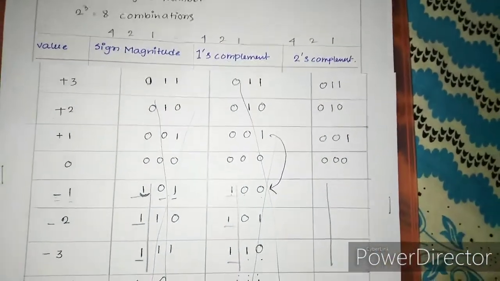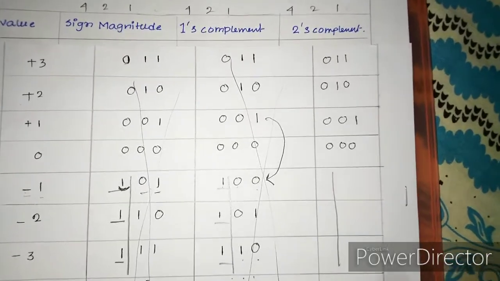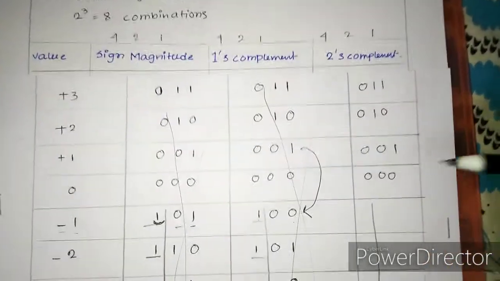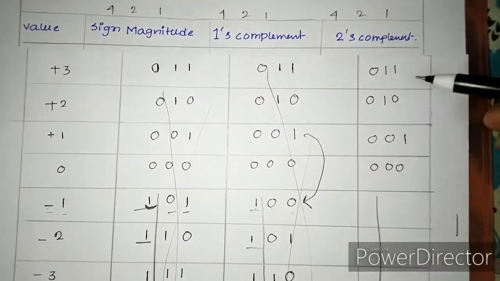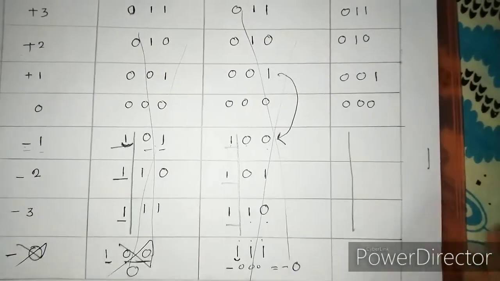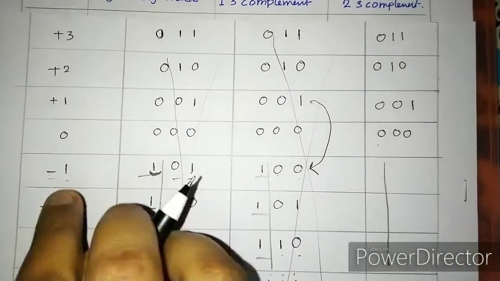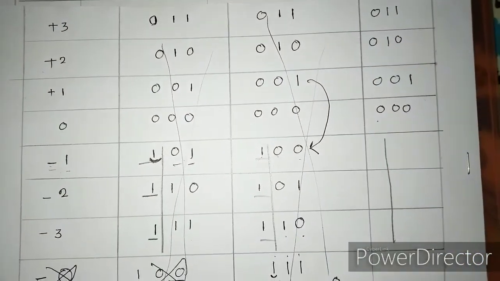Now the correct and right method is 2's complement. Let us see. It is the same for the positive numbers. For minus 1, what do we have to do?